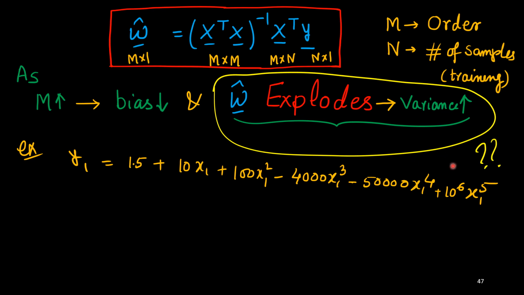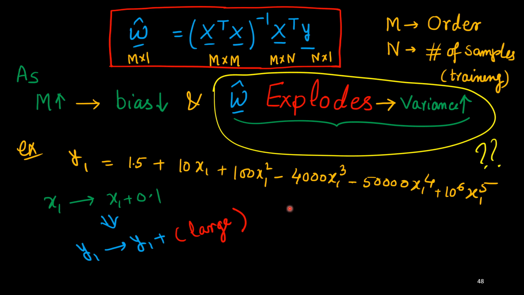Now, if I make a slight change from x1 to x1 plus 0.1, a little small value, what can you expect? If there is a little change in your independent variable, obviously the dependent variable should also have a little change, not a huge change.